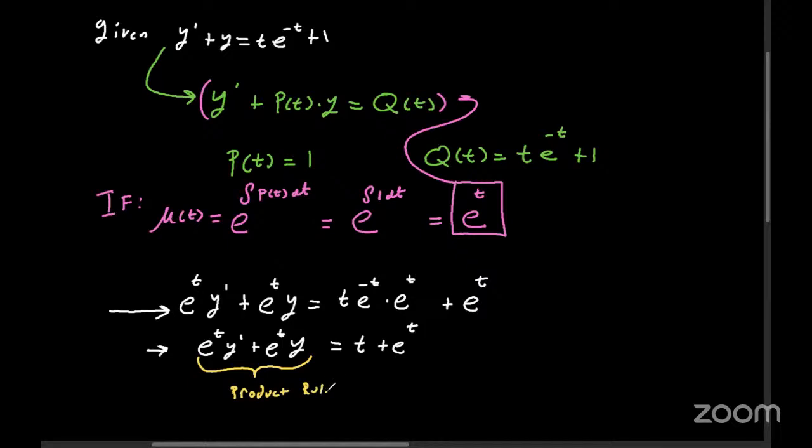We have to remember from calculus class that f times g, those being two different functions, would be f prime times g plus f times g prime, right? So this is the product rule of e to the t times y. That seems to be what's going on. We have e to the t times the first derivative of y plus e to the t times y.